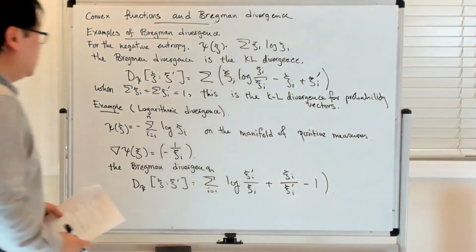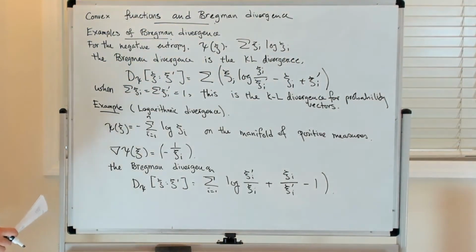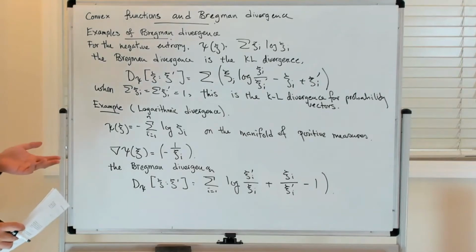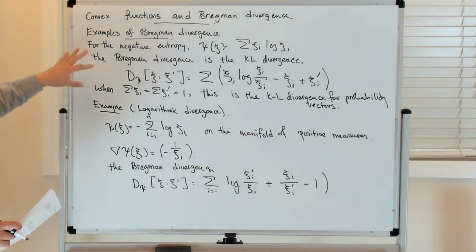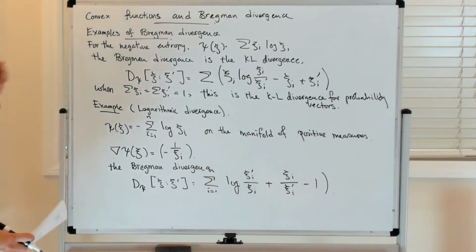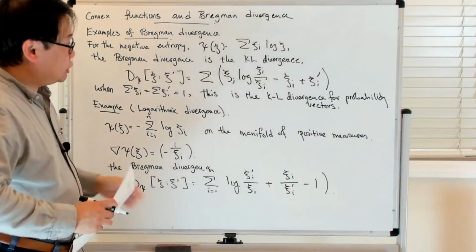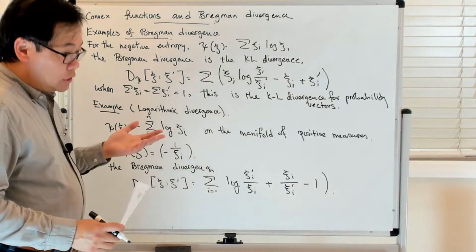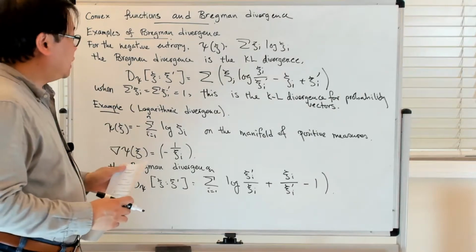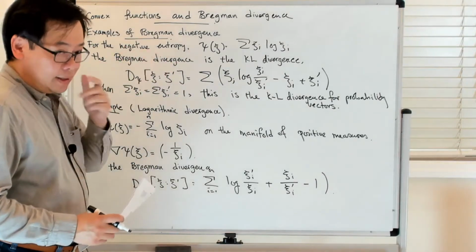Okay. All right, and then if you recall, any divergence function encodes a Riemannian metric, right? So in the context of KL, the take-home message is that KL divergence is a Bregman divergence, which comes from a convex function. That convex function is the negative Shannon entropy.